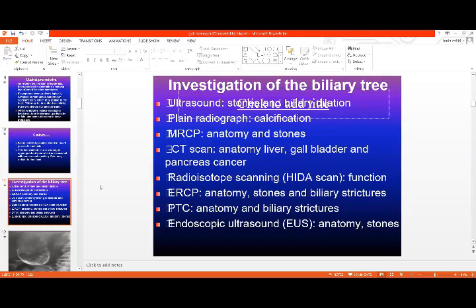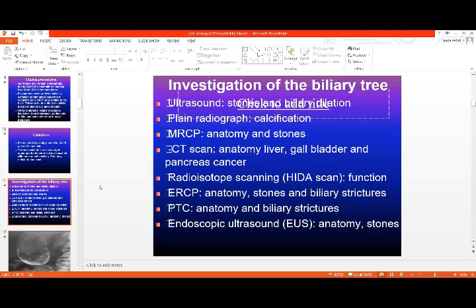ERCP, endoscopic retrograde cholangiopancreatography. आप मुंह के थ्रू एंडोस्कोप डालते हैं, और सेकेंड पार्ट ऑफ ड्यूडिनम से रिट्रोग्रेड नीचे से ऊपर बाइल डक्ट की तरफ आते हैं, एंड कलेंजियो बाइल डक्ट की पिक्चर लेते हैं और पैंक्रियाटिकोग्राफी पैंक्रियास डक्ट की पिक्चर लेते हैं.